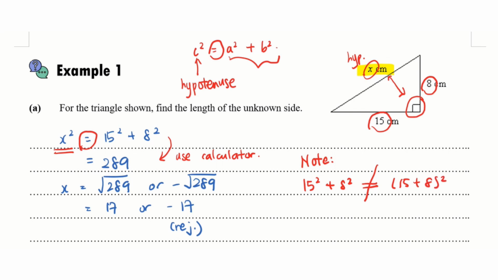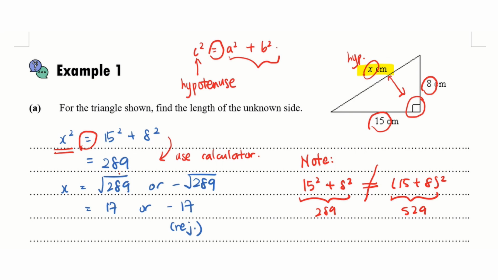You can press it into the calculator. 15 squared plus 8 squared is actually equals to 289, whereas if I put 15 plus 8 and then bracket square, I will be getting 529. So clearly 289 and 529 are not the same. So please don't make this careless mistake. Just press whatever you have written out.